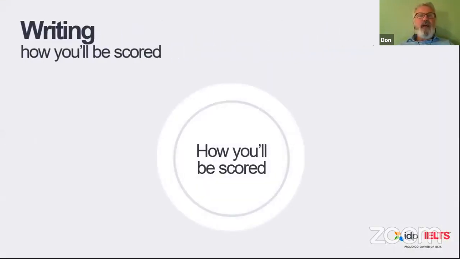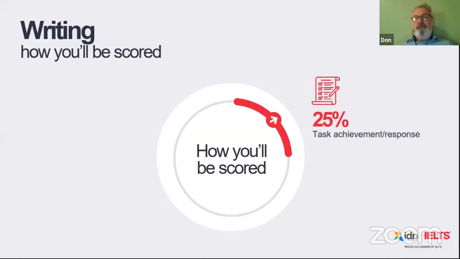Okay, as I said before, we are going to talk about the tasks, but we're also going to talk about the assessment criteria. And in writing, there are 4 assessment criteria. The first one is task achievement. What does that mean? Well, task achievement means that you understand the question and you answer that question and not a different question.